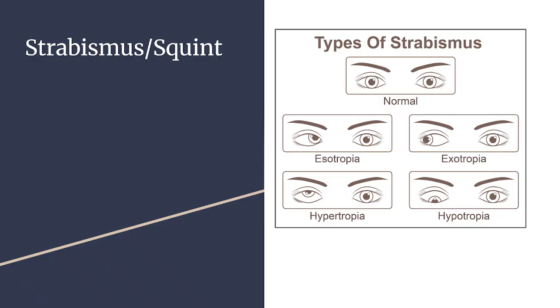This suppression of the image from the deviating eye results in poor development of vision in this eye, which is also known as amblyopia. And an adult can ignore the image from either eye and therefore has double vision. This can be very annoying and may interfere with work.